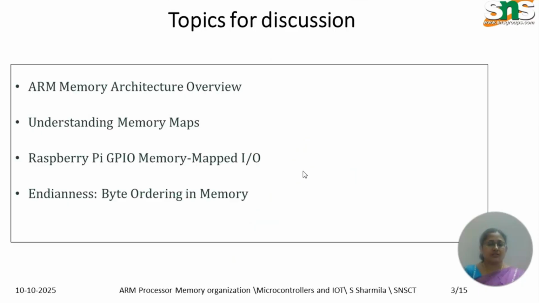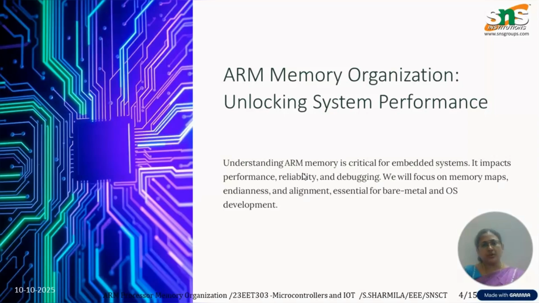Today we cover four main topics: ARM memory architecture overview, understanding memory maps, Raspberry Pi GPIO memory mapped input output, and endians, that is, byte ordering in memory. Now let's move on to the ARM memory organization, unlocking system performance.